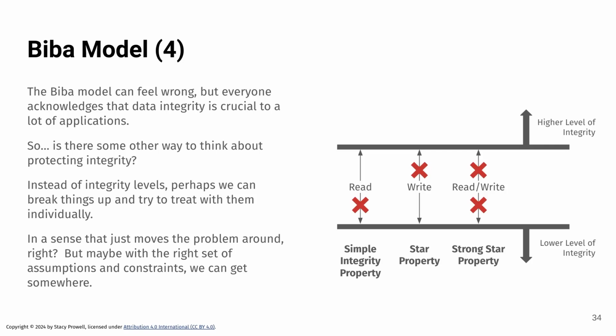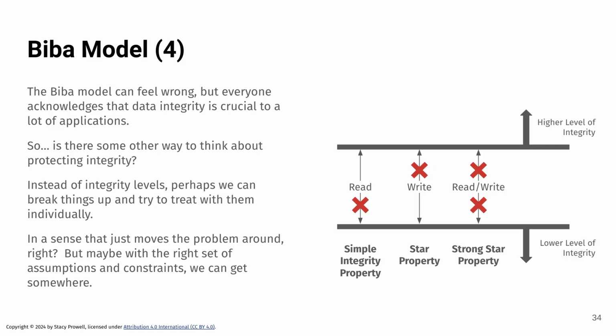It can feel wrong. When you think about it, it does make sense, but it seems kind of odd. And part of that may be we have this very strict hierarchy here. Everything is at these specified levels, and it's all centrally controlled and centrally managed. So what if we tried to break things up?